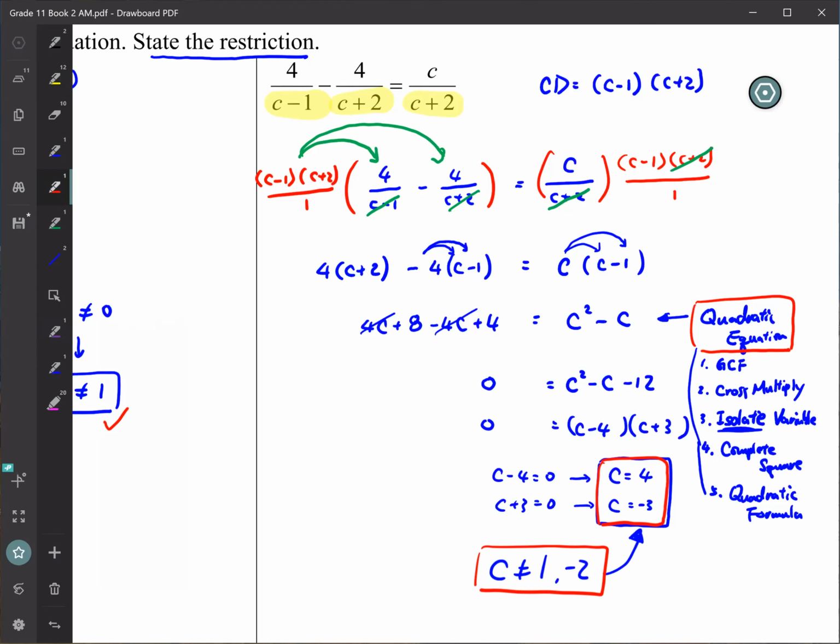For example, if your restriction is C cannot be 4, but your answer is 4, then you have to reject your answer, okay? Then C equal to 4, you cannot use it as your answer. You just cross it out, okay? Then your answer will be only C equal to negative 3. Later we'll have questions like that, okay? The restriction at the end rejects the answer that you found.